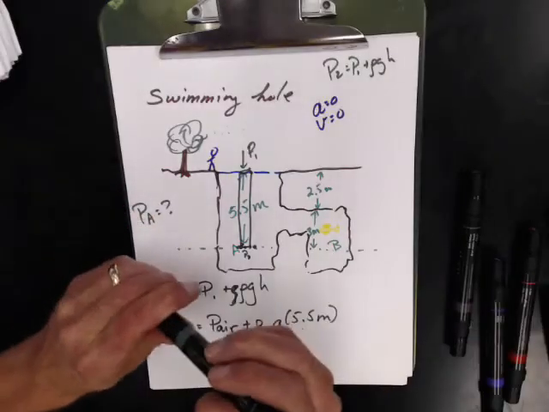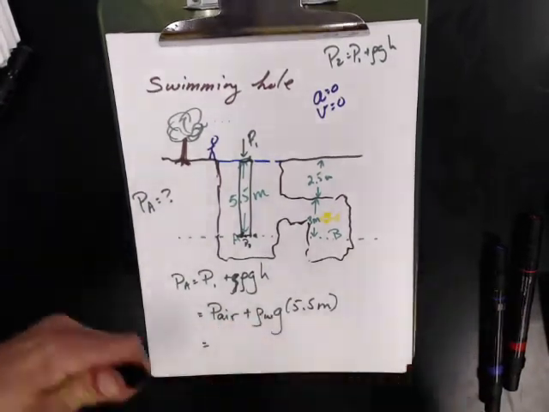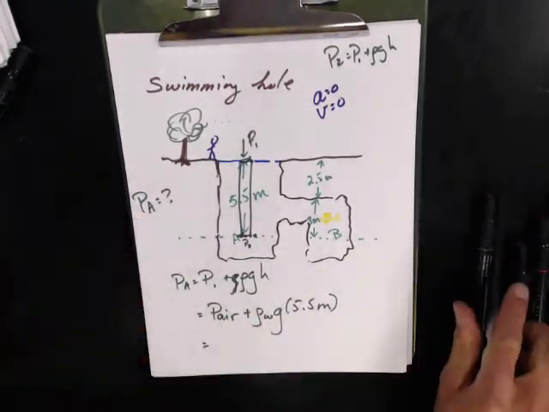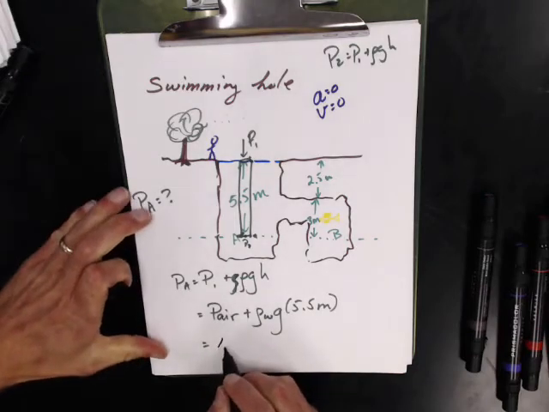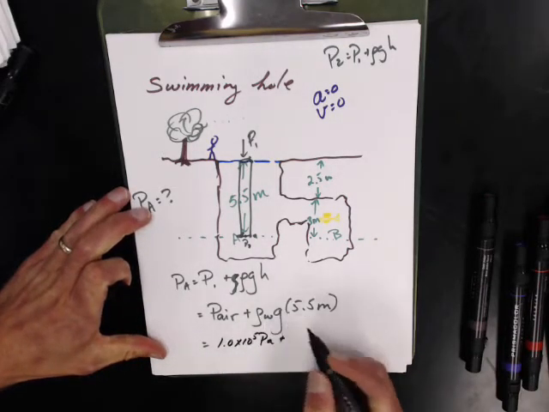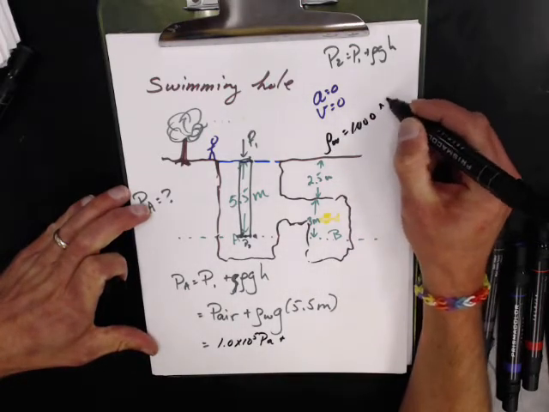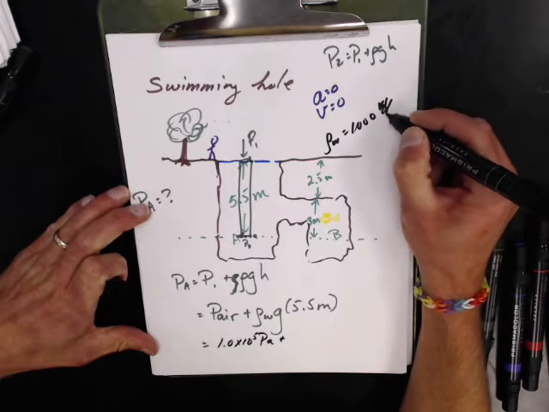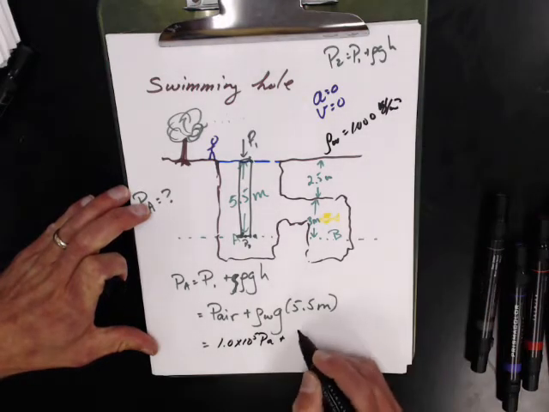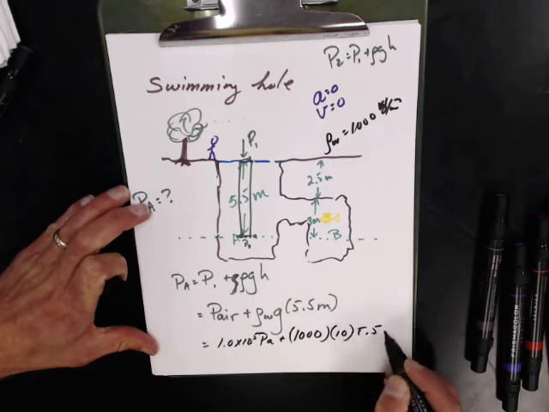So this turns into 1.0 times 10 to the 5th pascals plus the rho of water. Water, by definition, is 1,000 kilograms per cubic meter, times g times 5.5.